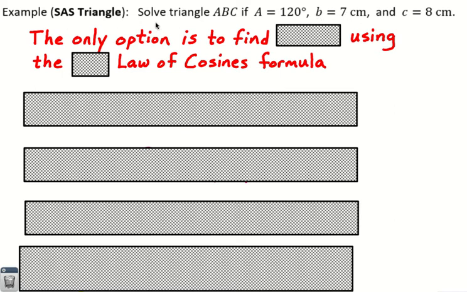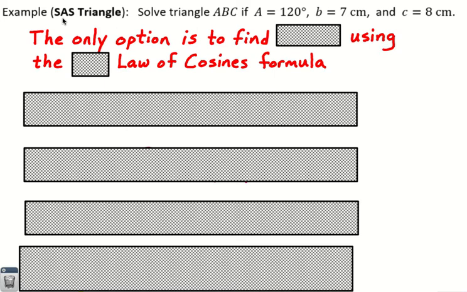I guess here's the first thing I will point out. I'll go back to the fact that this is a side angle side situation. Ask yourself, thinking back to geometry class, was side angle side one of those situations that you would be locked into one and only one triangle?